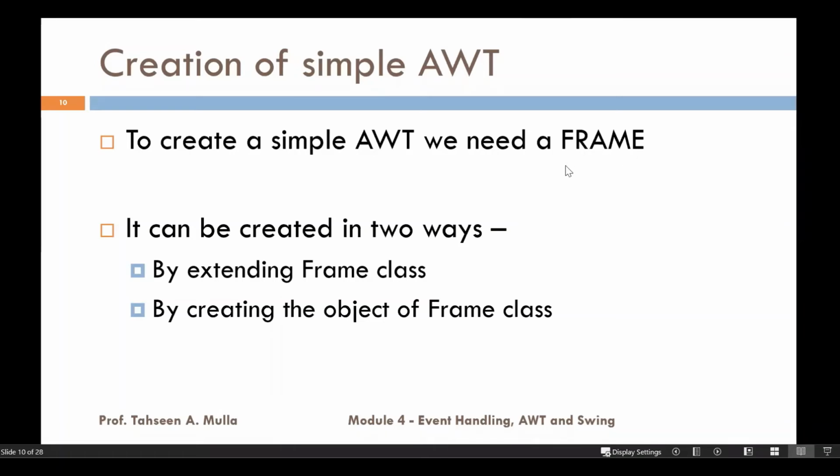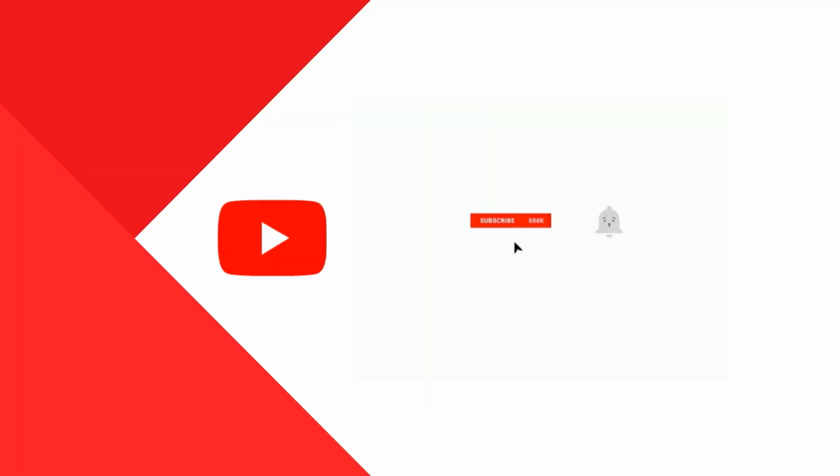So if you're going to create a frame, you'll have two different ways: by extending the frame class itself, right? And the second way is by creating the object of the frame class, right? Note these points. This is a very important part to understand. So whenever we create a frame, we have two different ways: by extending the frame class itself and by creating the object of the frame class.